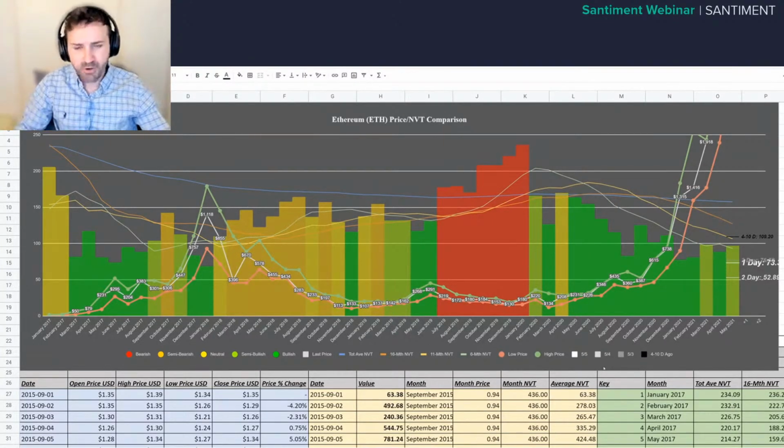But overall, this model is a tremendous help for giving a zoomed out look at how healthy Bitcoin, Ethereum, and any other assets look at any given time.